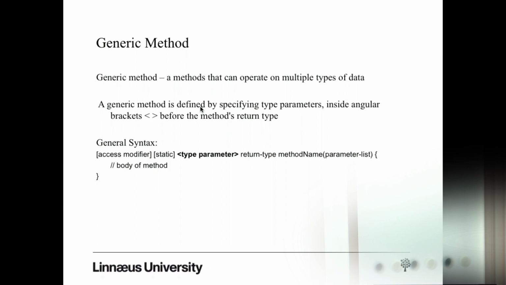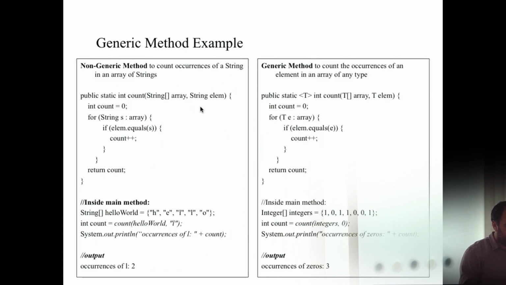If you specify a type parameter before the return type, then that method becomes a generic method. But of course, you have to define it in the right way, both syntax-wise and semantically. Then you have a method name and parameter list, and then the body of the method where you use it. So this is the general syntax, but now we look at some examples.